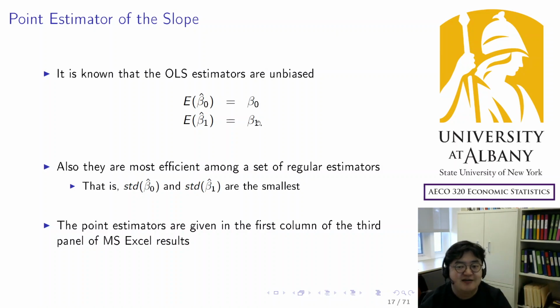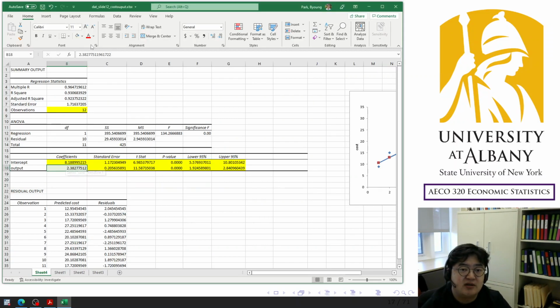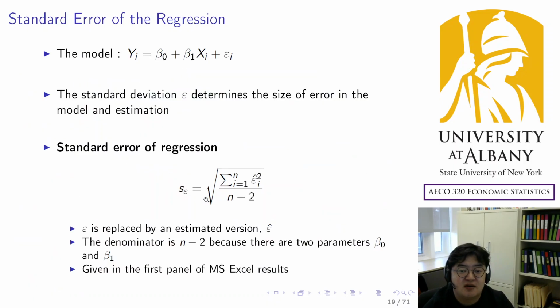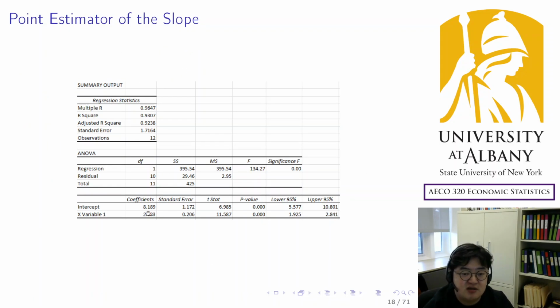Without any cheating. Among statistically regular estimators, they are the smallest, okay? And that explains what this guy is. It's a point estimator. That is good. So mathematically good. Okay, we studied this part.